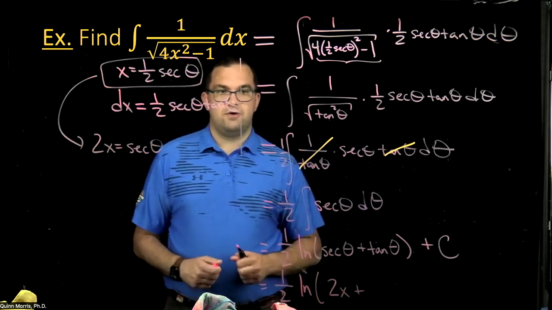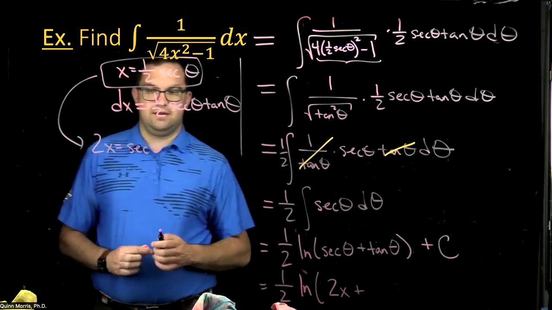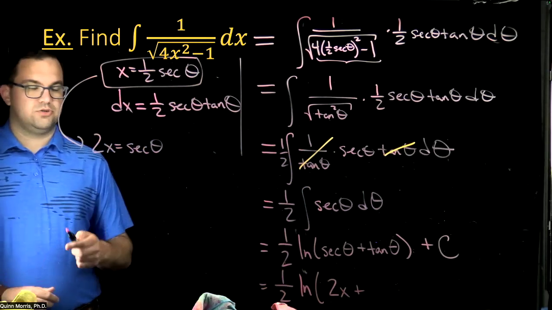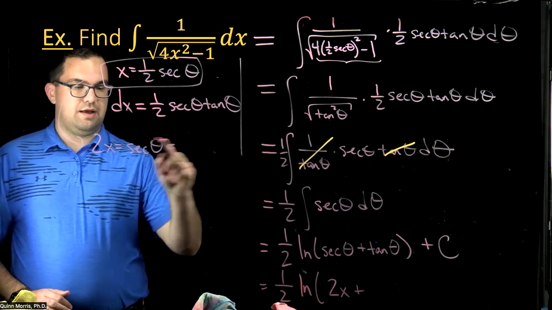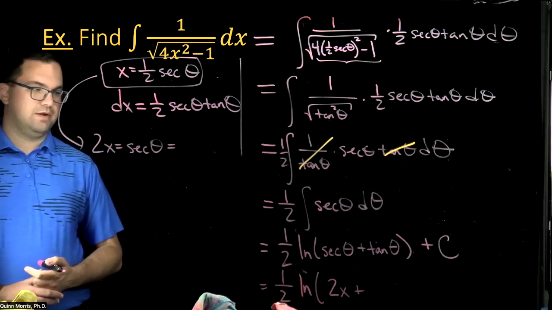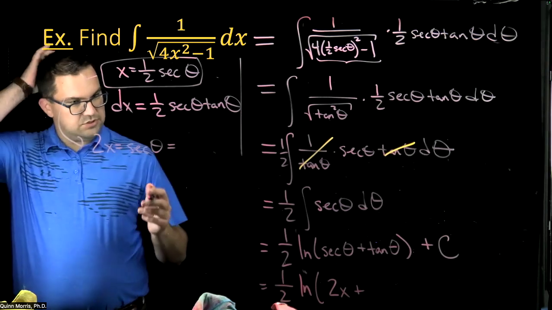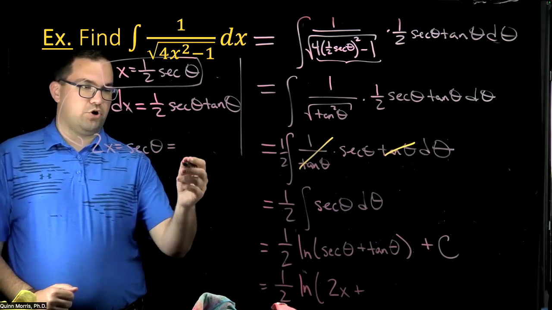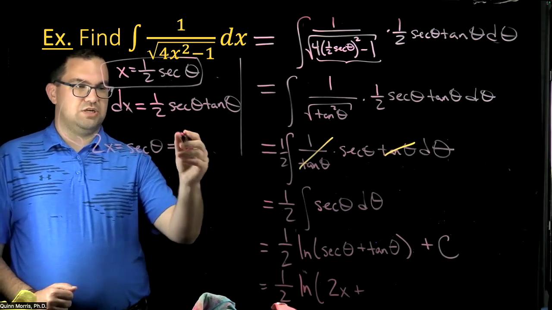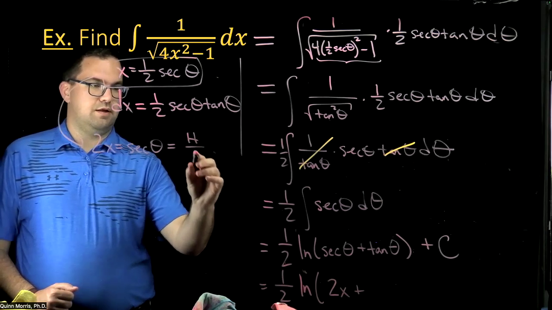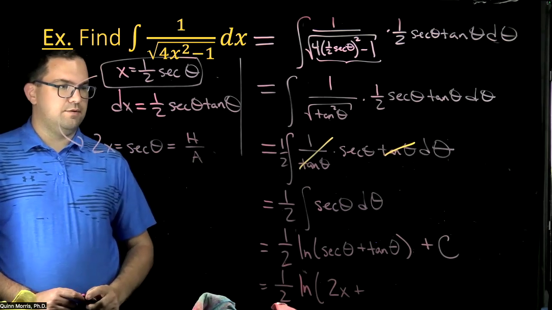Plus, now we do need the value of tangent of theta. There are actually 2 ways to do this. One is to create a reference triangle, and I'll show you that way first, simply because I think it's worth seeing. Secant is 1 over cosine. Cosine is adjacent over hypotenuse, so this should be hypotenuse over adjacent.